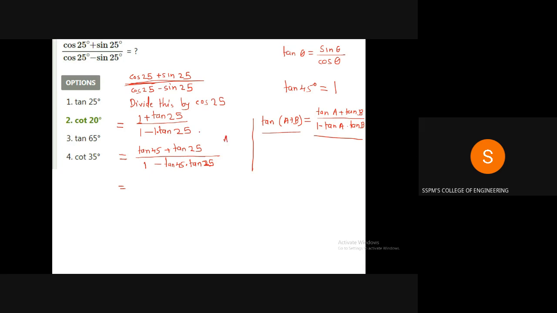Here, A is equal to 45 and B is equal to 25.